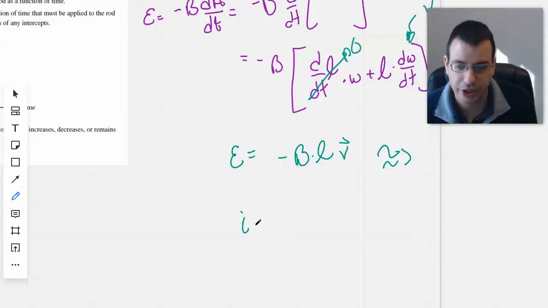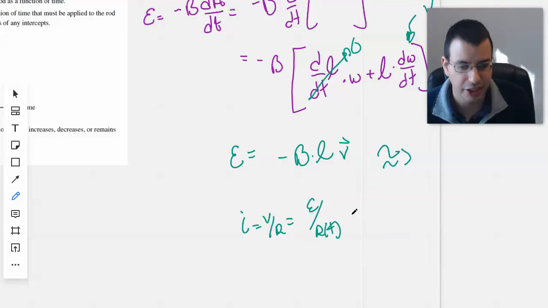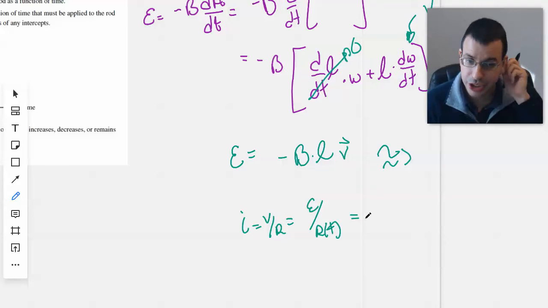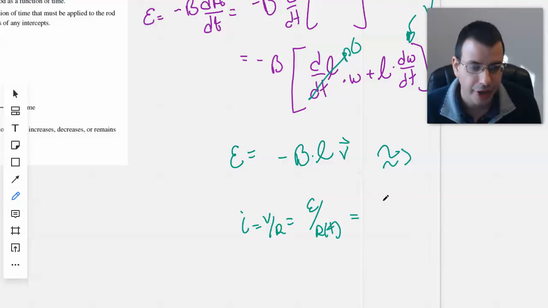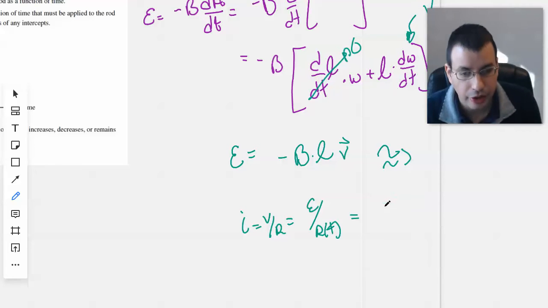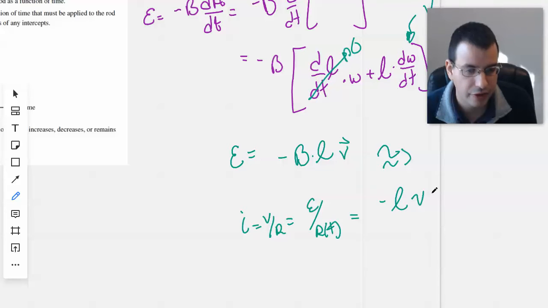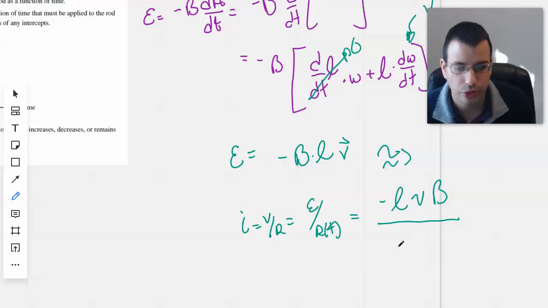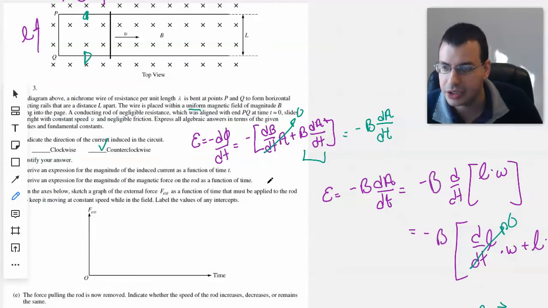So current equals V over R, which equals E over R, of T here. So the resistance will be, so we'll have the negative magnetic field, well, negative, everybody loves velvet bunnies. And the resistance will be, we have a lambda, right?